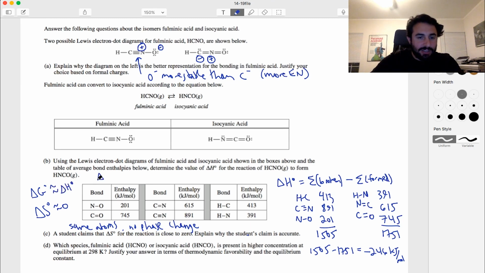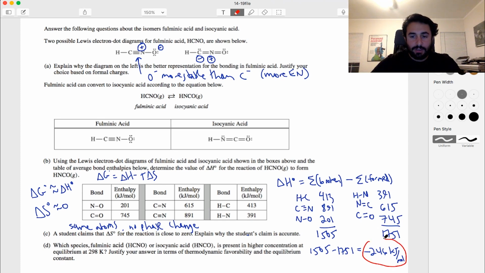Because delta G equals delta H minus T delta S. So if delta S is about 0, then this term pretty much goes away. And so delta G is roughly delta H, and here's delta H right here, right?